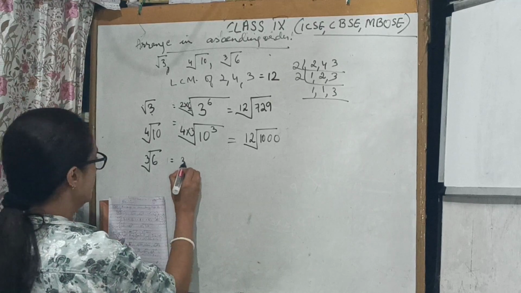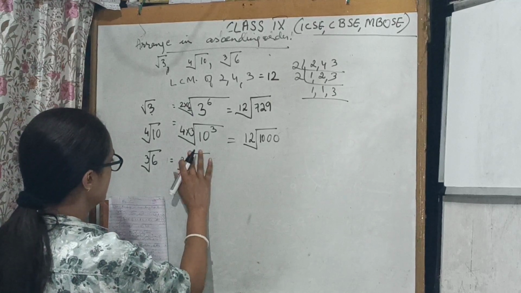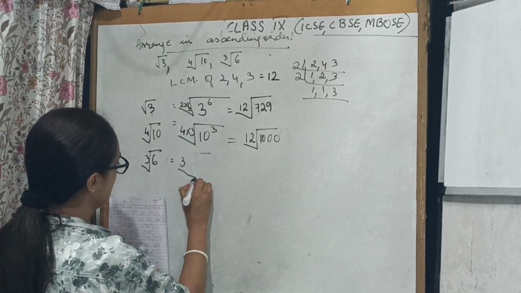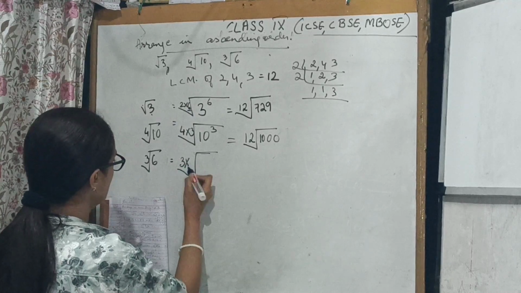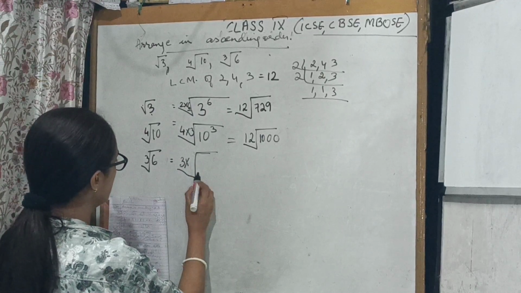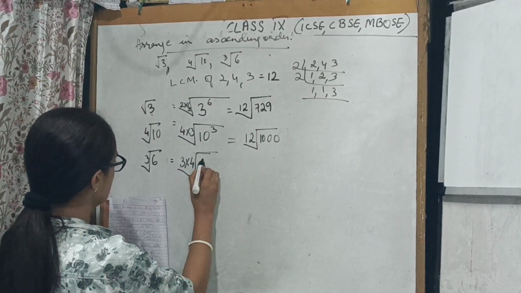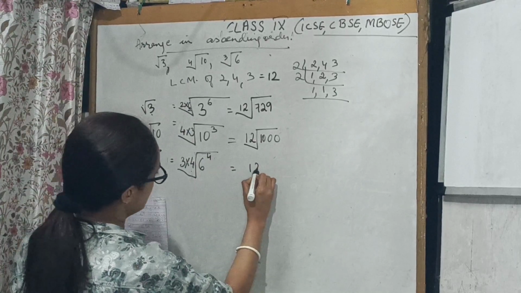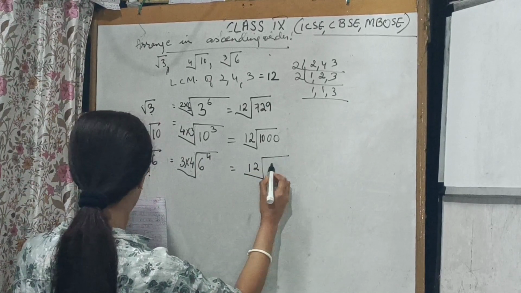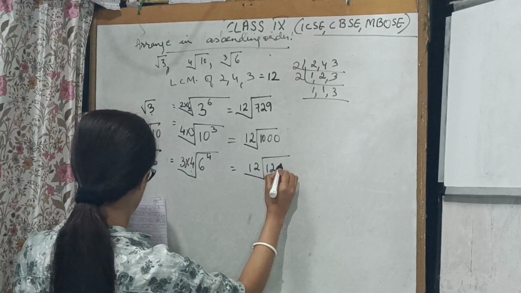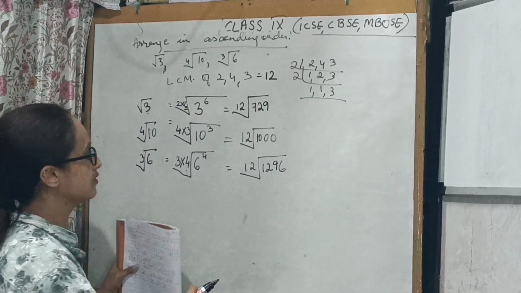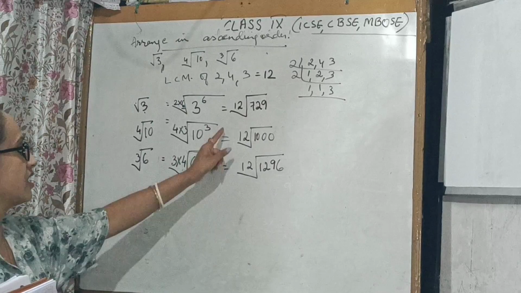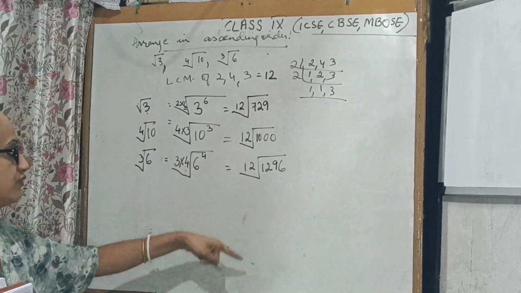Then the third root is given. 3 into what gives you 12? 3 4s are. That 4 you put here also. So this becomes 12th root of 1296. Now you can judge it easily because you have all the roots as 12th roots.